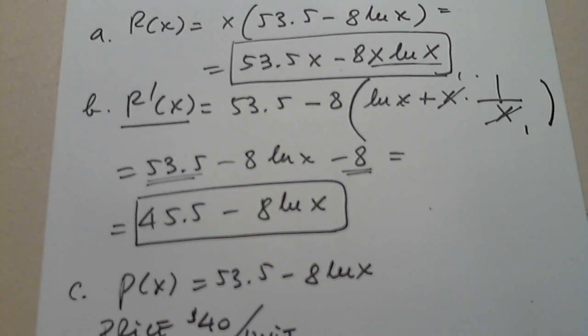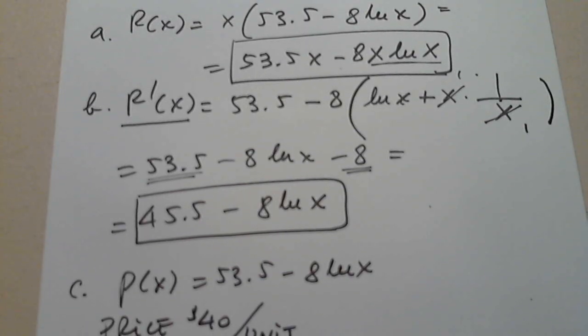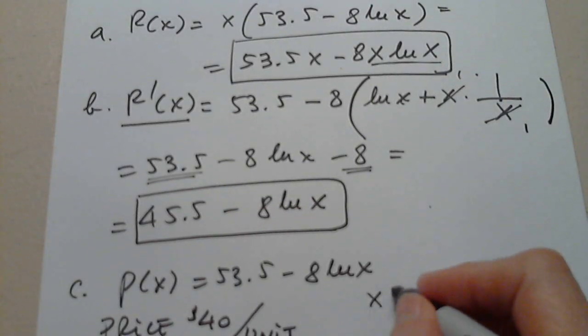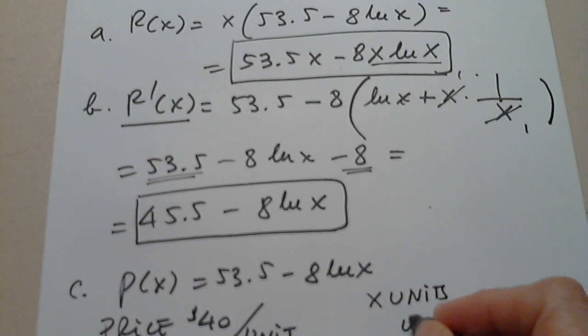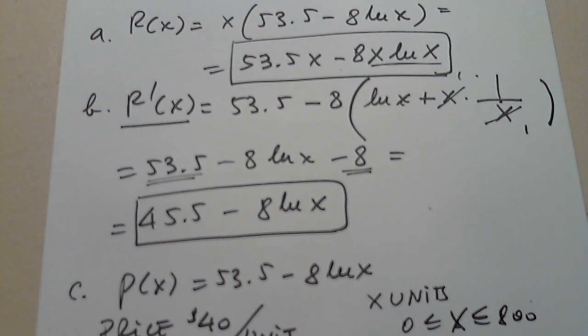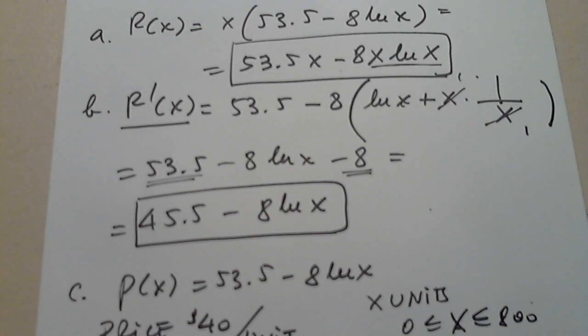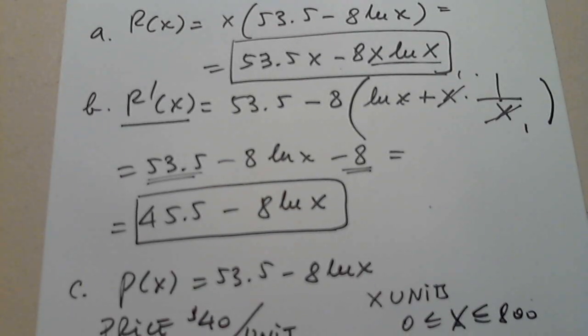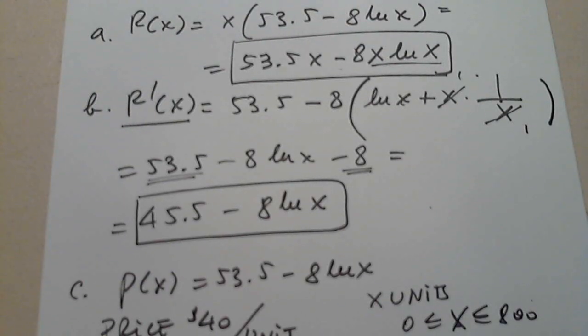Can't you just plug in 40? Where? Into X? X is the number of units, between 0 and 800. So then would you set the formula equal to 40? Of course, this is the price. Very good. 53.5 minus 8 natural log X.